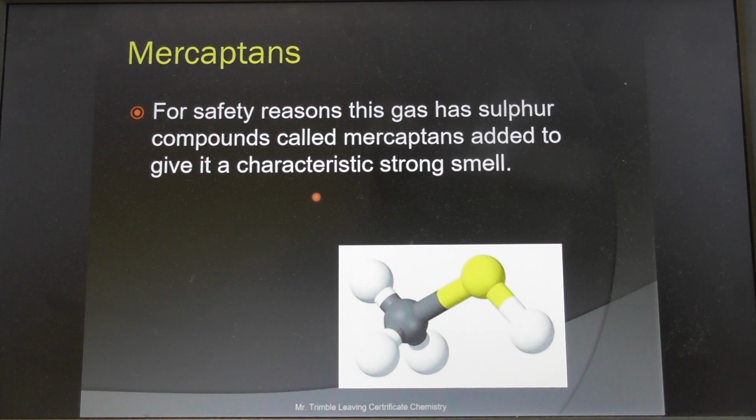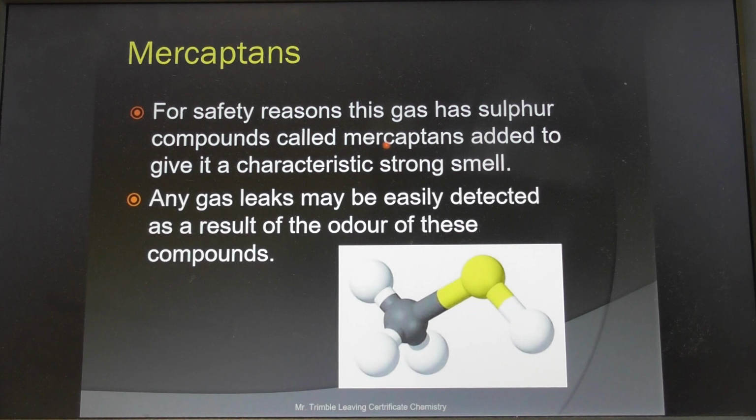That smell, when the ad comes on the TV, if you smell gas, ring Bord Gas, is that sulfur containing compound, the mercaptans. So it's not actually the methane itself. The methane itself has no smell. So humans add mercaptans to methane so that we can detect leaks.